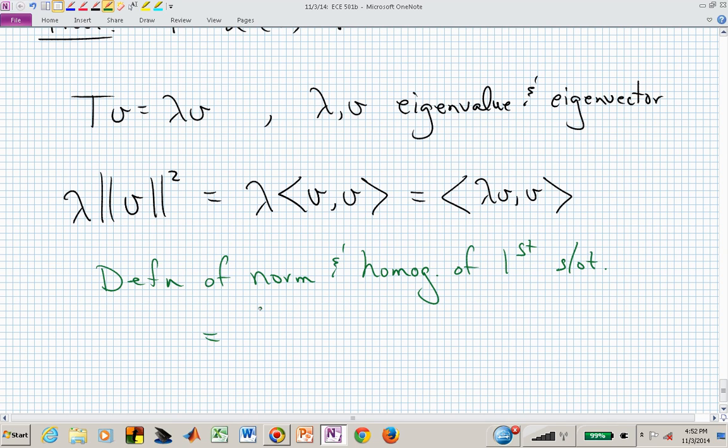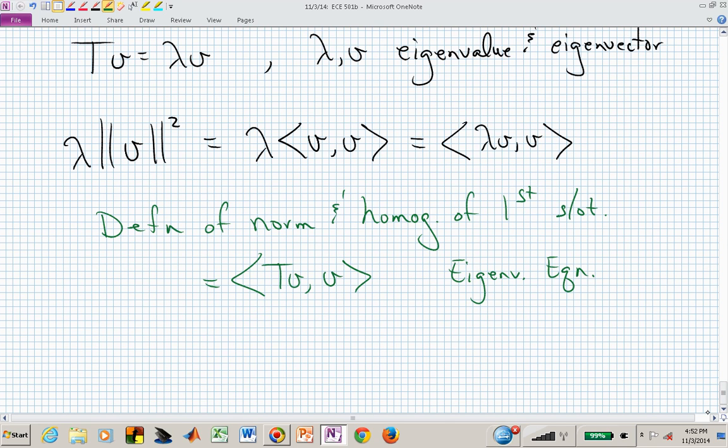So that we now have this is equal to the inner product of TV with V. That's just the eigenvalue-eigenvector equation. But now we know the definition of the adjoint. We can move that operator to the second slot by the definition of the adjoint. This is now equal to the inner product of V with T dagger V.